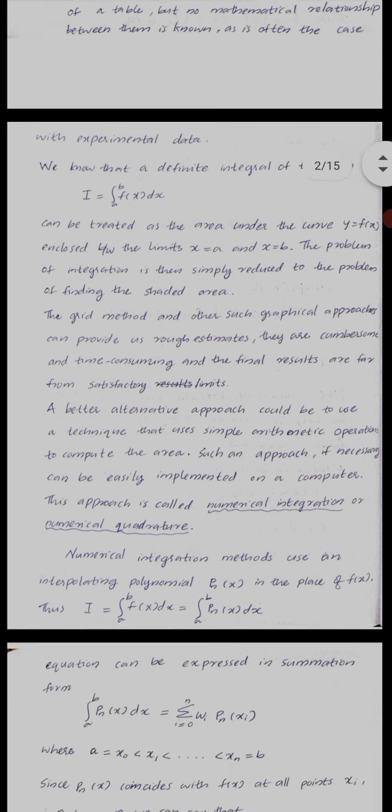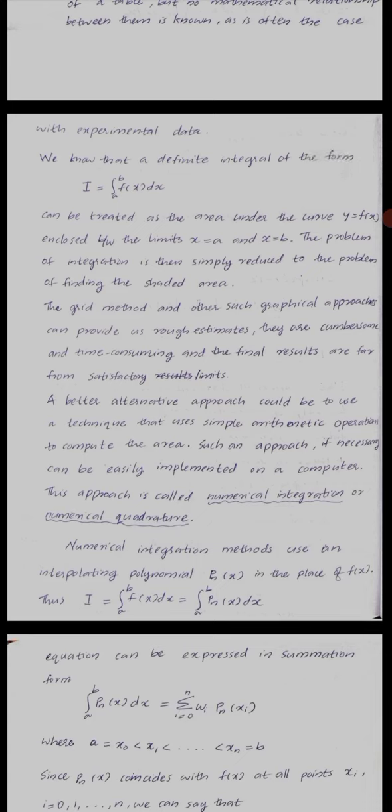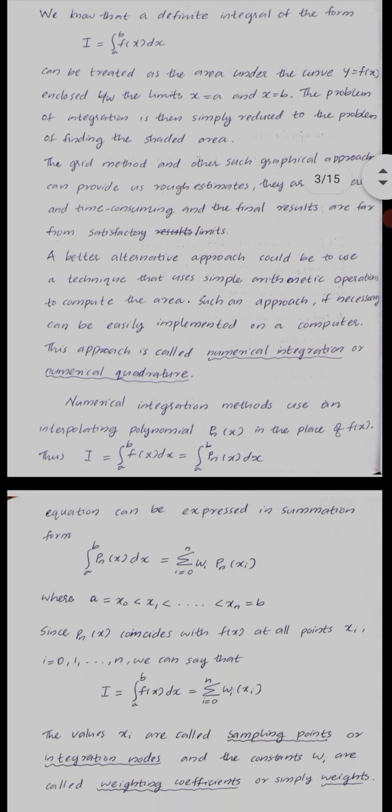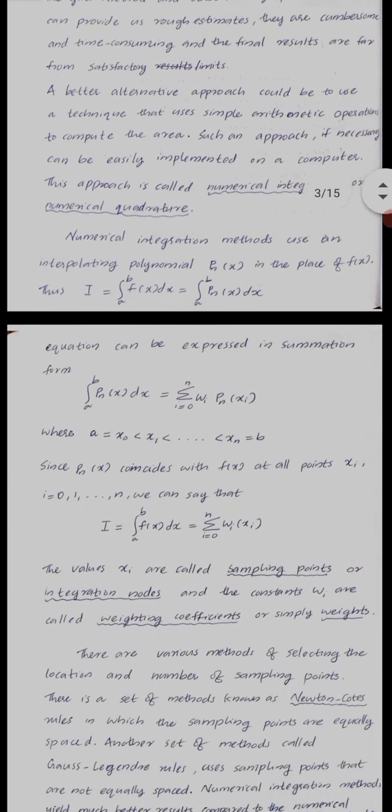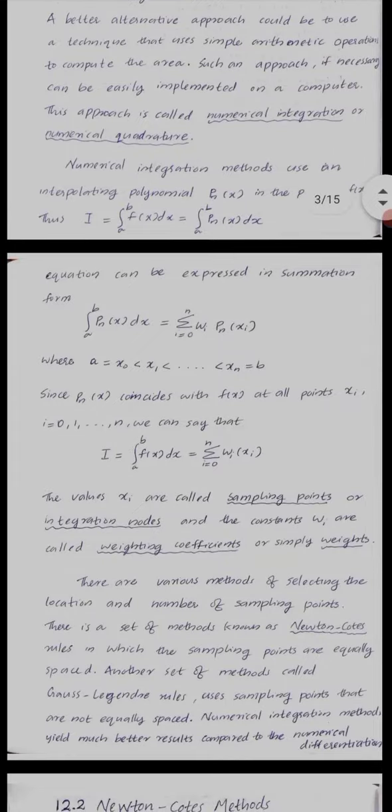Numerical integration methods use an interpolating polynomial Pn of x in the place of f of x. Thus, I equal to integral a to b f of x dx equal to integral a to b Pn of x dx. The equation can be expressed in summation form: integral a to b Pn of x dx equal to summation i equal to 0 to n wi Pn of xi, where a equal to x0 less than x1 less than etc less than xn equal to b.